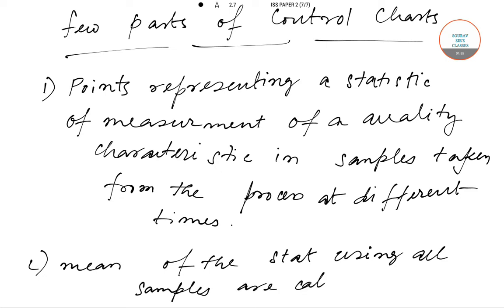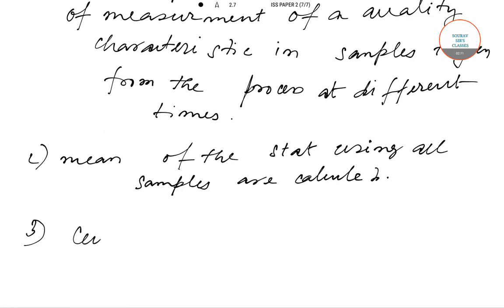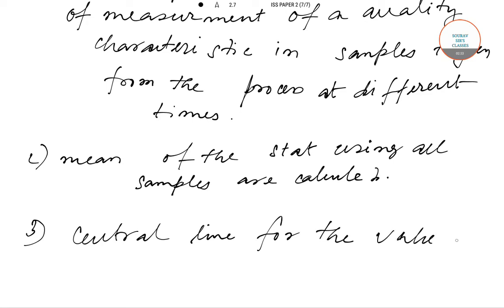That is, you have to calculate the mean of means, the mean of ranges, the mean of proportions, etc. Now, the central line is drawn at the value of the mean of the statistic.